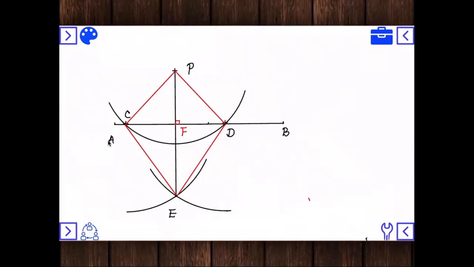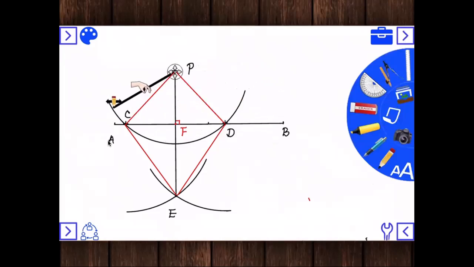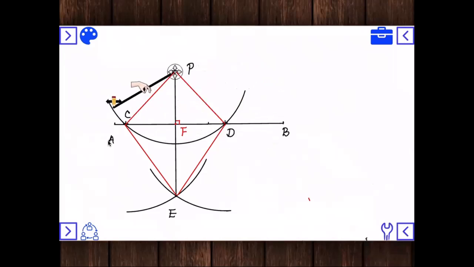Okay. The first step, we put the compass here and we draw an arc that cuts AB at C and D, which means these two are equal. PC is equal to PD. Right? And then we move the compass to C and we chose a radius and we drew this arc.